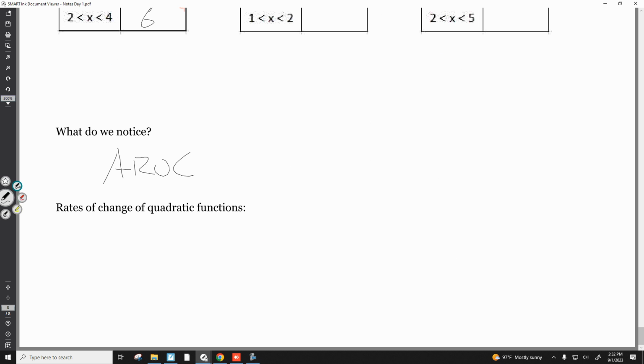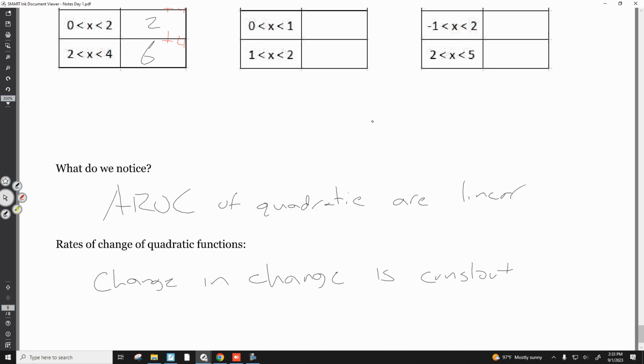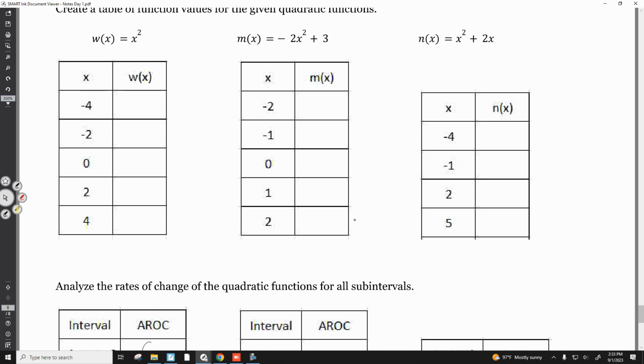The average rate of a quadratic has a pattern, or the change in the change is constant. You will see the pattern for all the average rates of change.